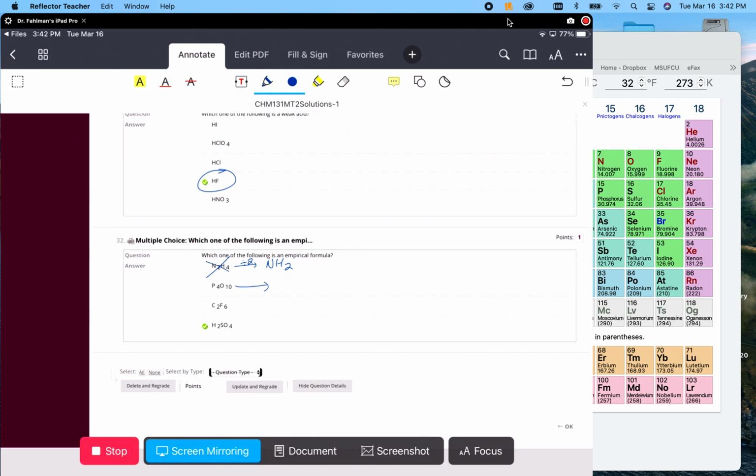This you can divide by 2 to give you P2O5. So that's not empirical. This you can divide by 2 to give you CF3. This one you can't divide by anything, where you divide everything through by that same factor. So that means this is empirical.